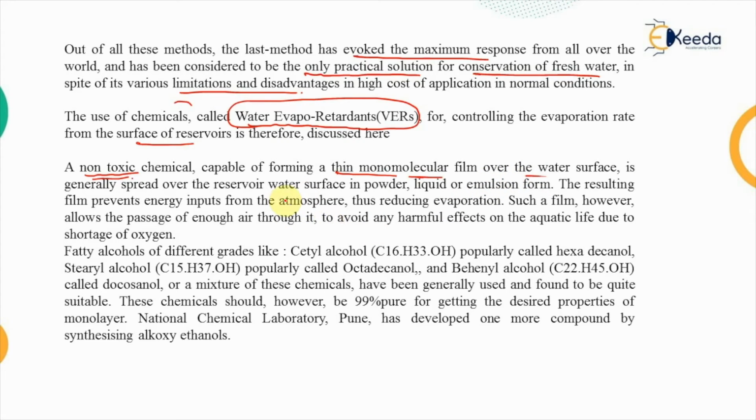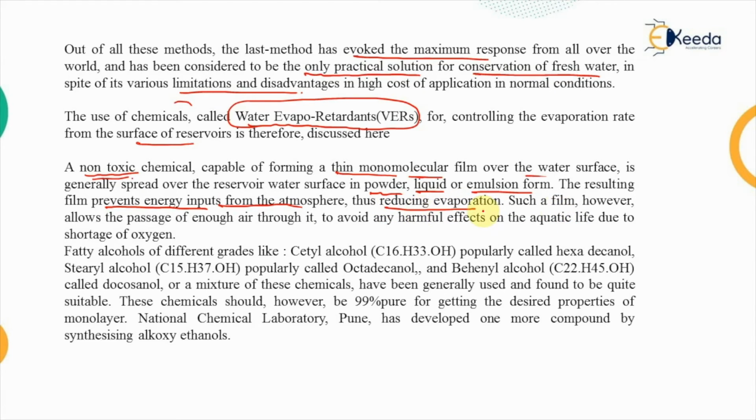This chemical can be used either in powder form, liquid form or emulsion form, whichever is available, and is usually spread over the reservoir water surface. What it does is prevent the energy inputs from the atmosphere. When we talk about energy inputs, that means it is preventing the sun rays from attacking the water surface and thus reducing the evaporation.